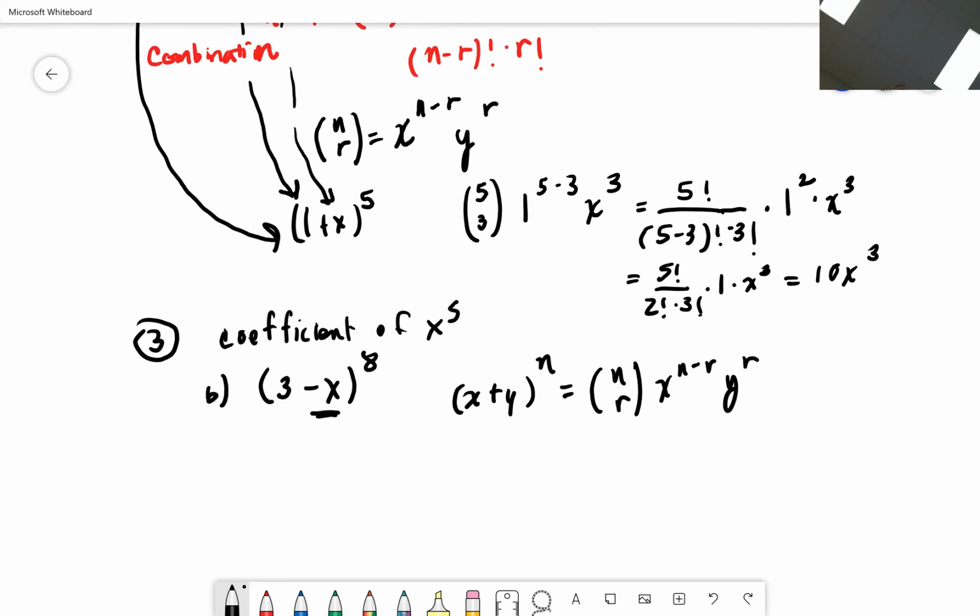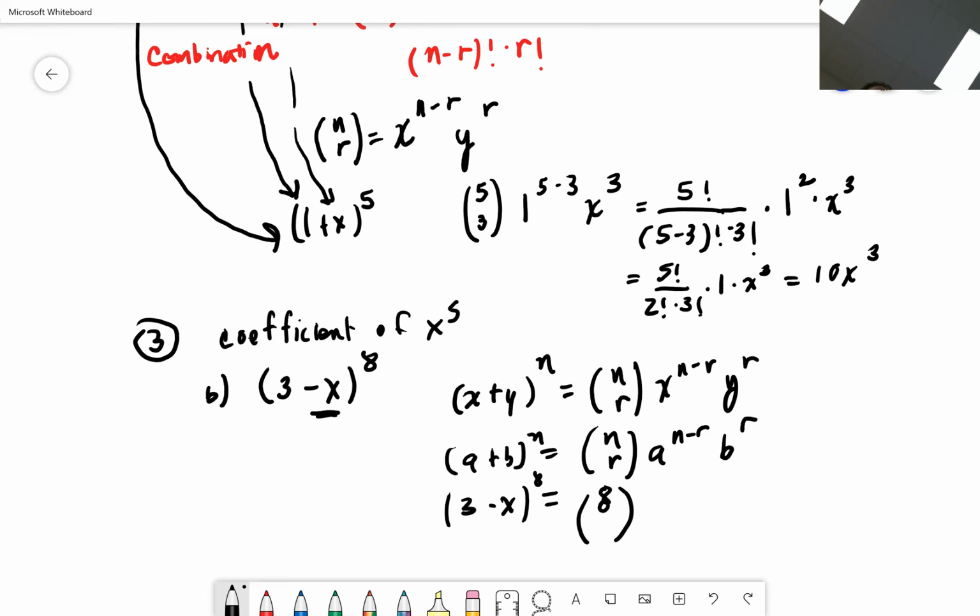Sometimes it's better to write this with a plus b. If I wrote a plus b to the n equals nCr a to the n minus r, b to the r, then you would quickly see that in this case, we know that this is 3 minus x to the 8th, so n equals 8, and you've got to figure out the r.